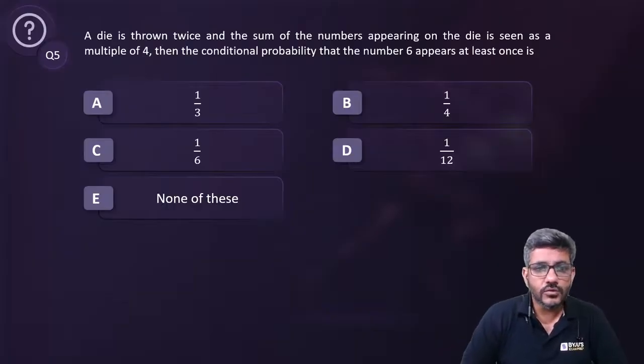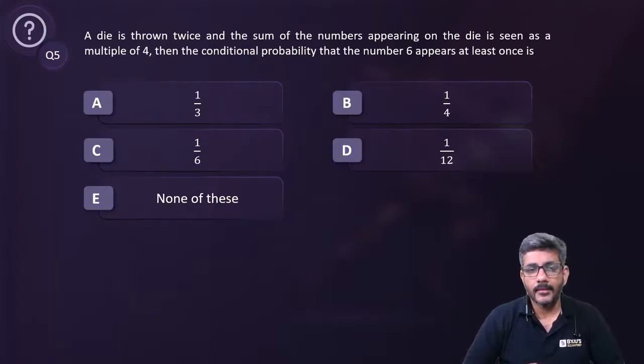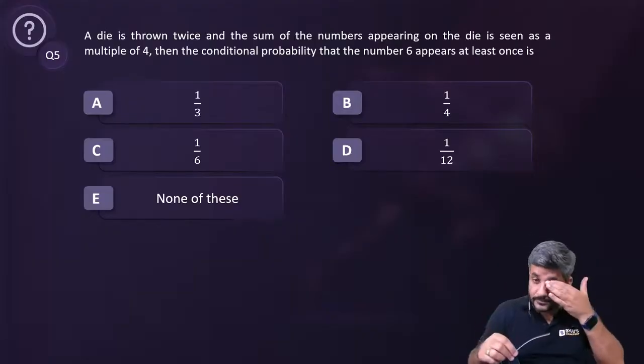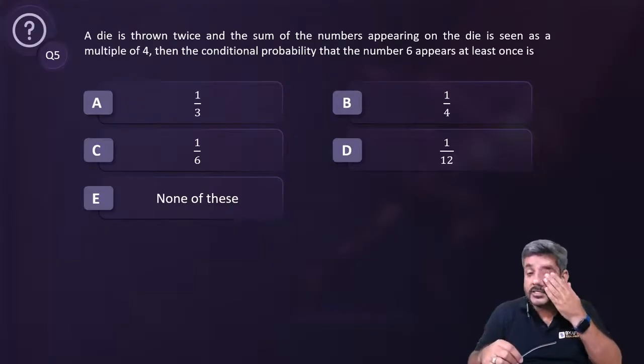A die is thrown twice. Sum of the numbers appearing on the die is seen as a multiple of 4, then the conditional probability that the number 6 appears at least once. This word conditional, though, was redundant, it was not needed. It is automatically conditional probability.